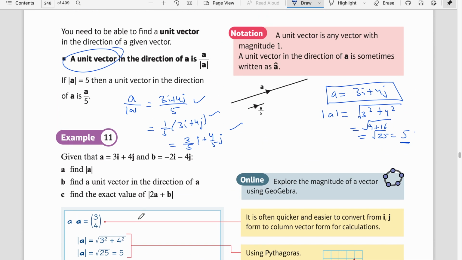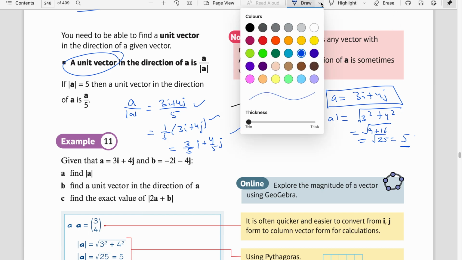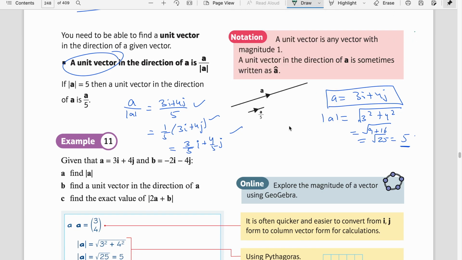There was no example for direction, we would encounter them later, but let me explain it here. For example, you have this grid and we know that this was 3i and 4j. So 3 units in x direction and 4 units in y direction. So this is basically the direction. Direction is the gradient, which is y over x. Gradient is 4 by 3.